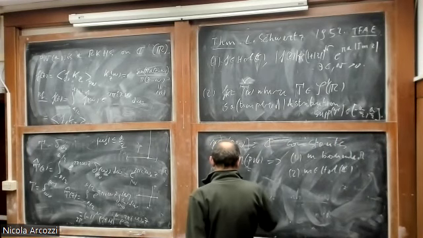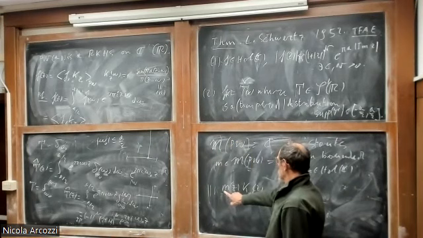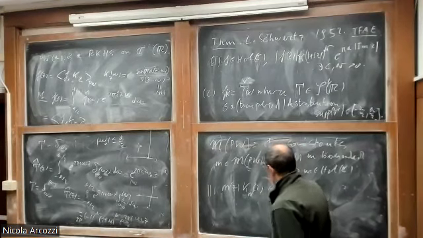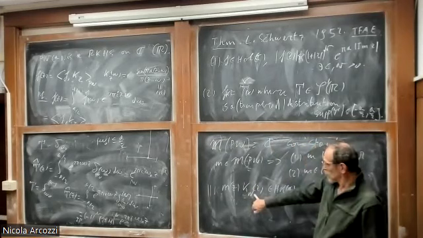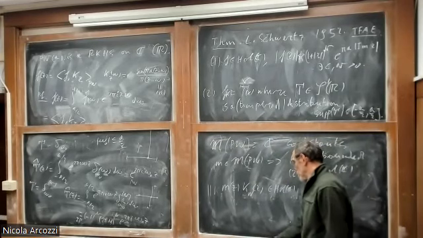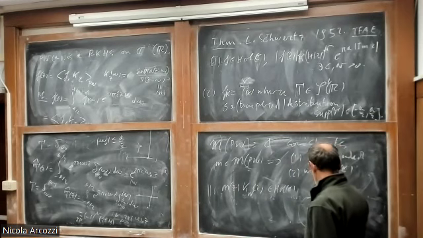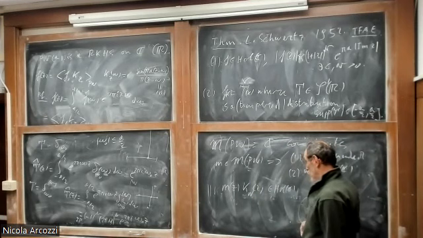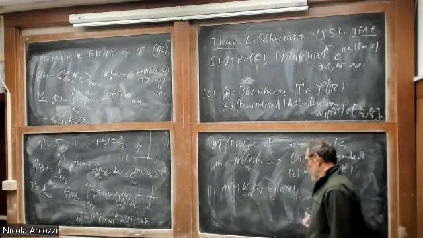I wanted this function here to be holomorphic. And this function doesn't have many zeros, so for each z0 I can choose a neighborhood of z0 and choose a w so that this is not zero here.